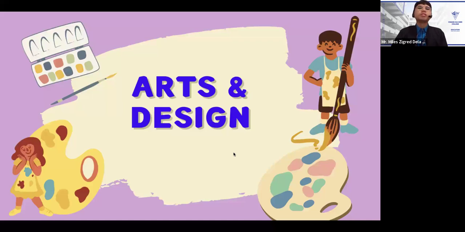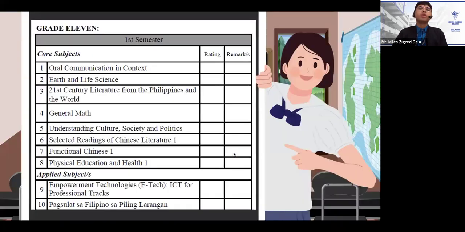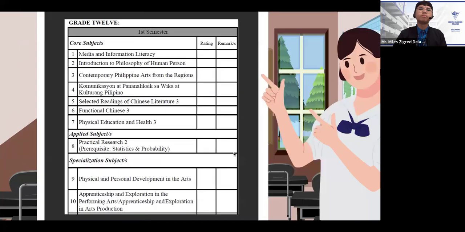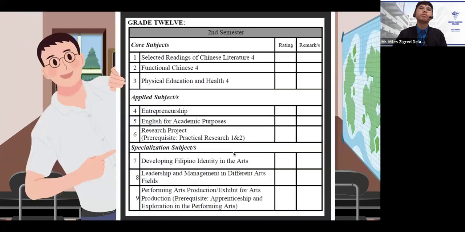For the Arts and Design, grade 11 Arts and Design first semester, grade 11 Arts and Design second semester, grade 12 Arts and Design first semester, grade 12 Arts and Design second semester.